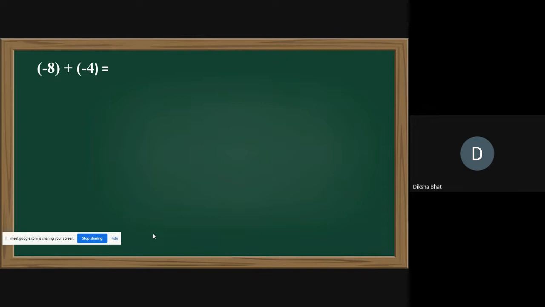What is the sum of negative 8 plus negative 4? Negative 12. Yes, correct. What is the sum of negative 8 plus 4? -4. Yes. Which number is greater, negative 12 or negative 4? -4. Yes, correct. 20 plus negative 4.